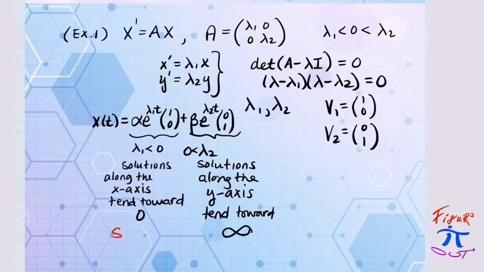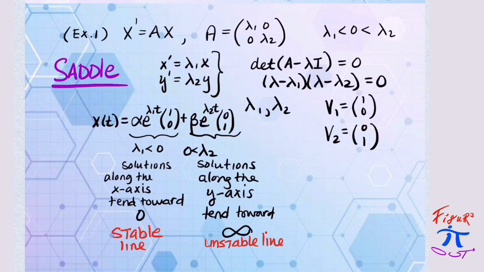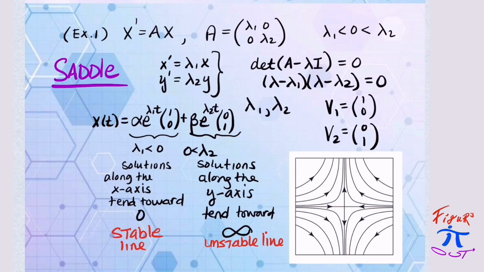So negative eigenvalues tend towards 0, and we say that that's a stable line, where the ones that tend towards infinity form an unstable line. So the eigenvectors point in the direction that our solutions will go, and here we get what's called a phase portrait saddle. So in one direction it increases, where in another it decreases.